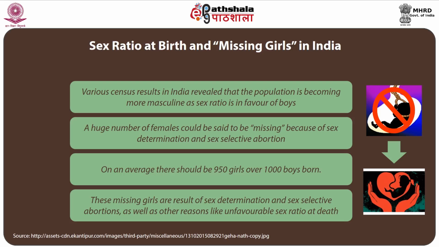All these on average lead to a considerable number of missing girls in the country as well as in many parts of the society. So, these missing girls are, more importantly, a result of sex selective abortions as well as unfavorable sex ratio at death, which happens in many contexts.